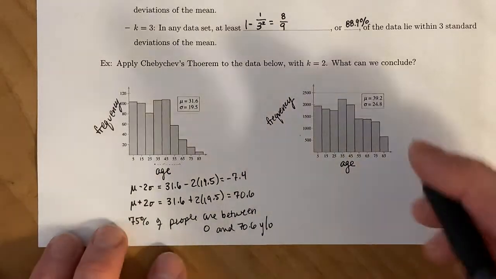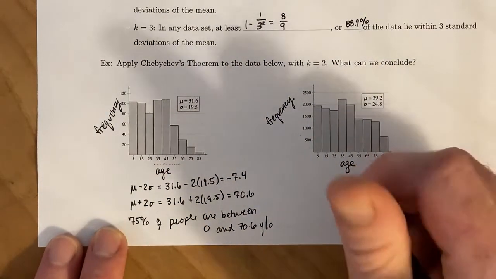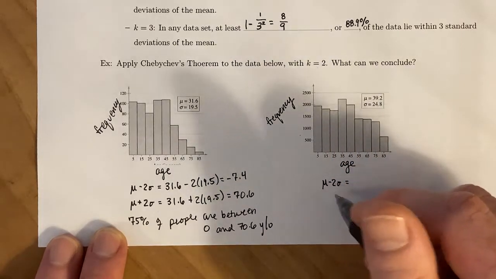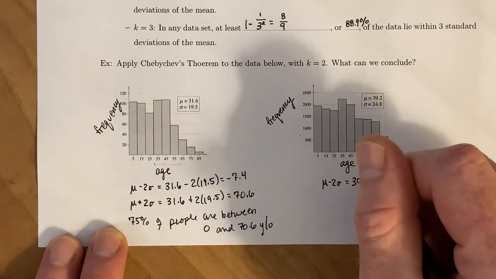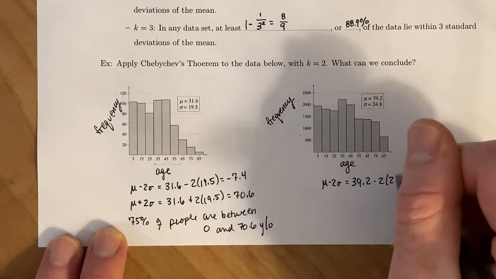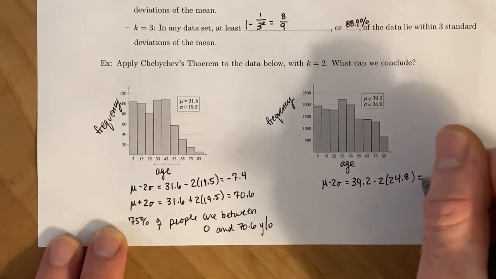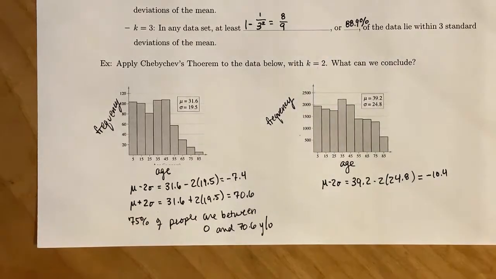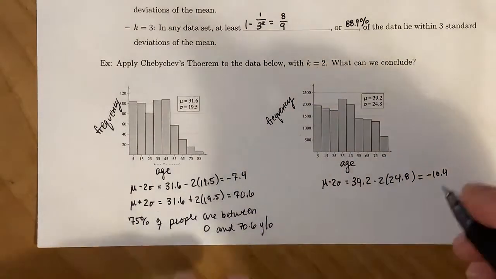Over here, we have a different mean and different standard deviation. So we have to do the calculation over again. So mu minus 2 sigma is 39.2 minus 2 times 24.8, which is again going to give us a negative number. Since age can't be negative, we just stop at 0.